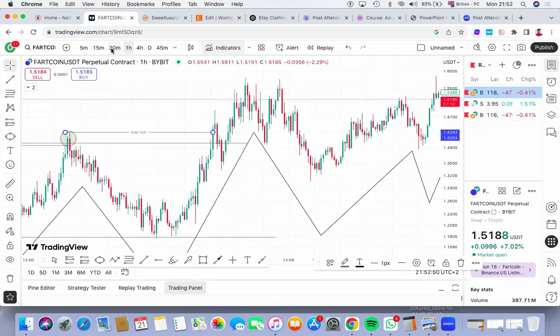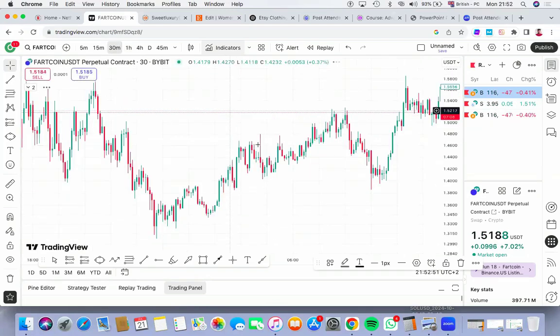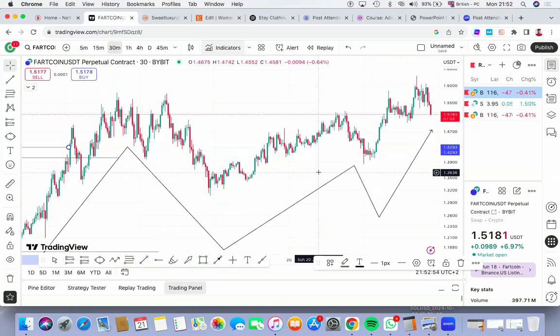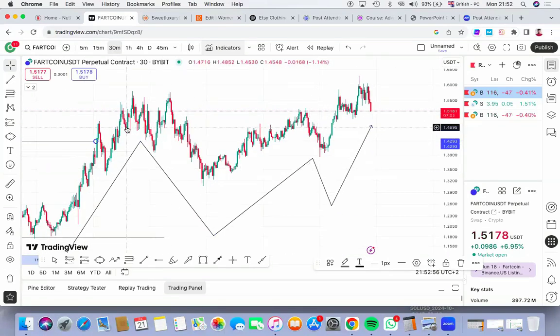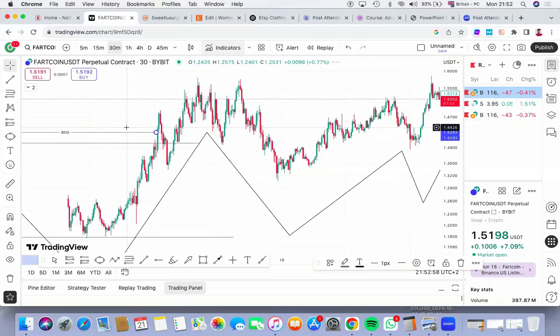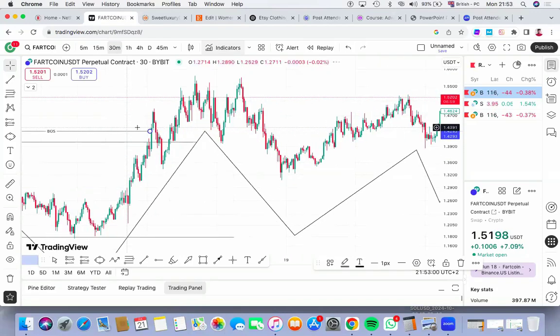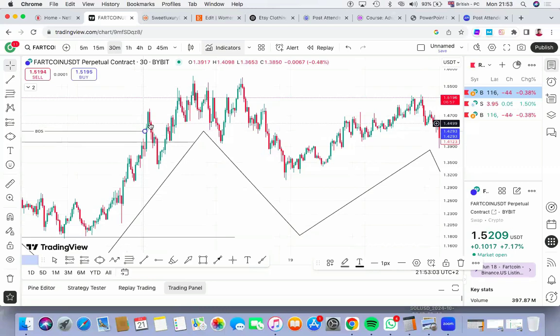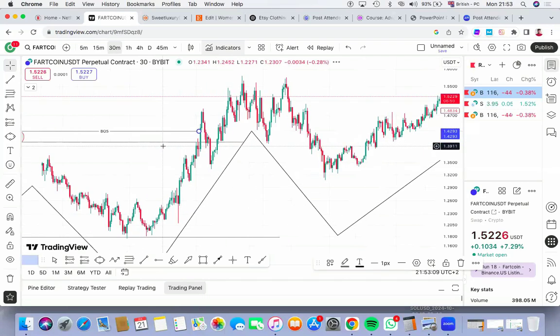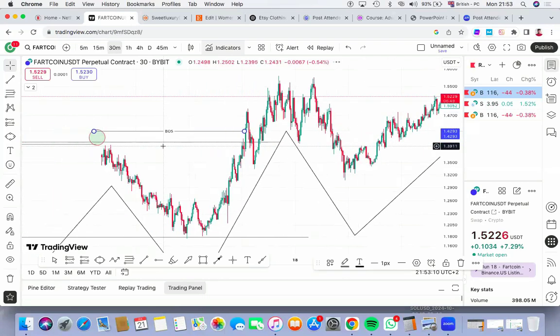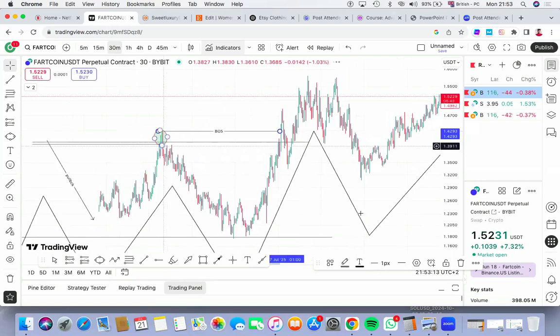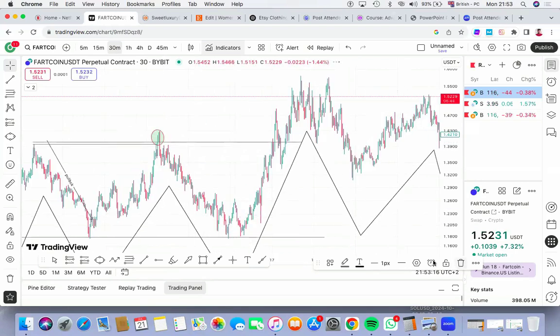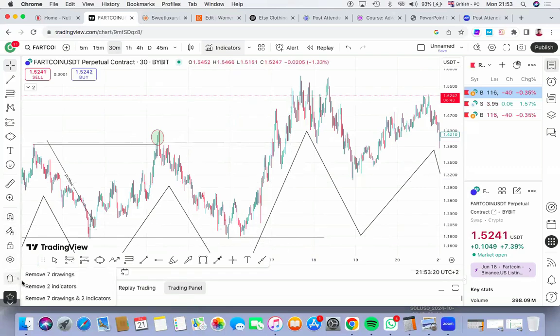This is the 1 hour, but if I go below this area, you will see that the candlesticks that closed out of the zone were at least one, two, and three, even more than three. It was like four candles that closed out. So we have a break of structure here. Now I will just clear this out. I'll clear the whole thing.